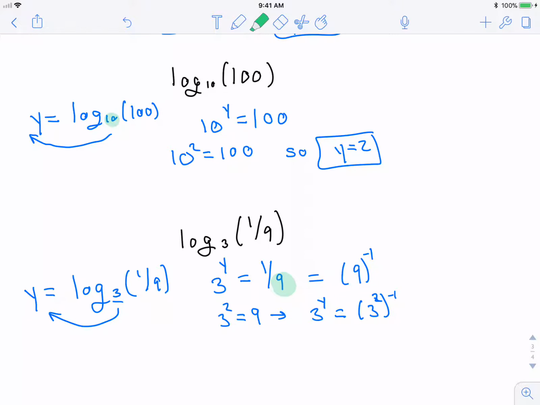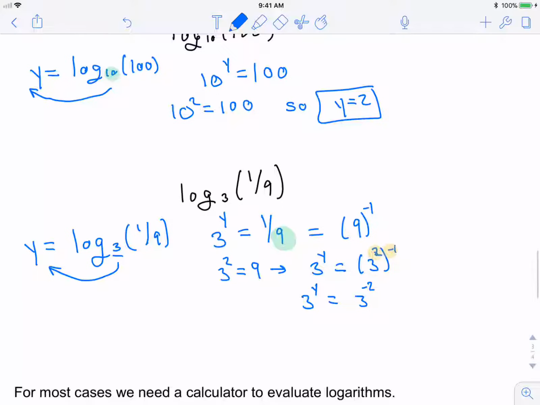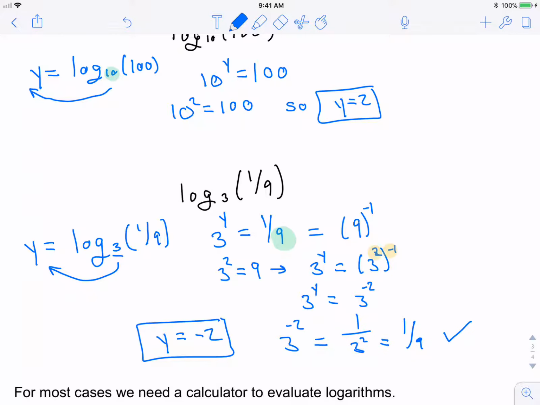All we have to do is take these two numbers here, 2 and -1, and multiply them to simplify it down to one term. 3 to the power y is equal to 3 to the -2nd power. So therefore, y is equal to -2, and we've solved it. Again, we can check quickly by plugging -2 in for y here, which is 1 over 3 squared, which is 1/9, so we're good.